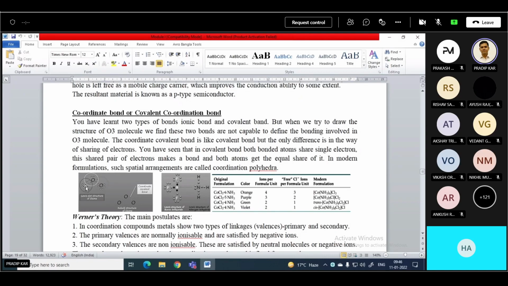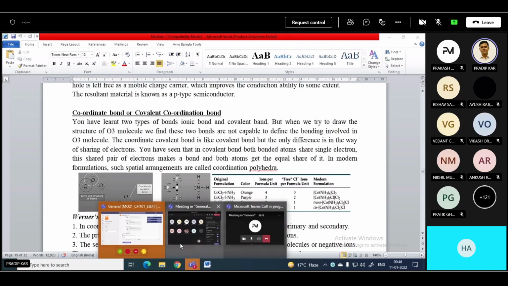Both have the octet fulfilled by sharing 2 electrons, meaning a total of 4 electrons shared by the 2 centers. For O3, if we try to draw it, we must draw that 2 electrons from this oxygen are shared by both the oxygens to fulfill the octet of both the oxygens.